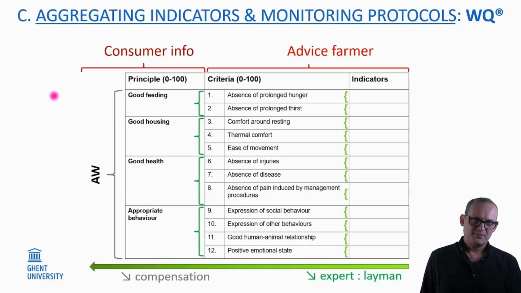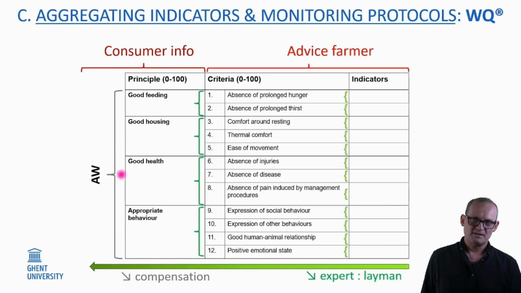In the first step of integration, here in the light green, Welfare Quality made mainly use of experts rather than lay people, because you need a lot of domain knowledge to translate the information from the measurements to the welfare criterion.